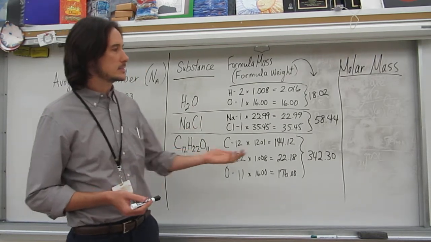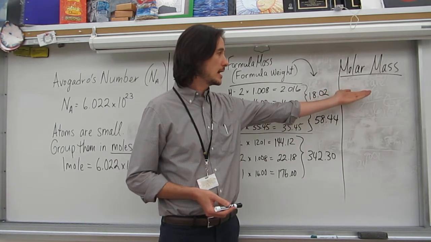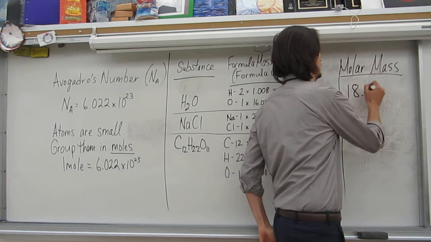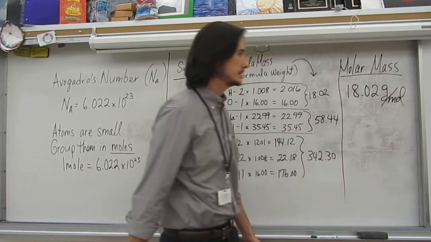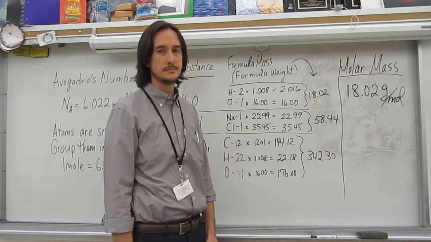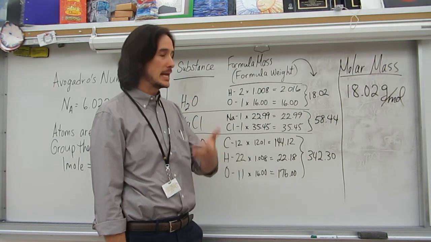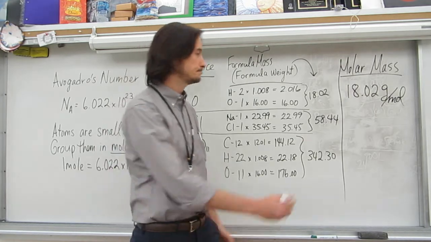And the nice thing about this is the atomic mass units, if we have a mole of it, that's 18.02 grams per mole. Same number. So 1 would be 18.02 AMU, but if we have a mole of it, it's 18.02 grams.